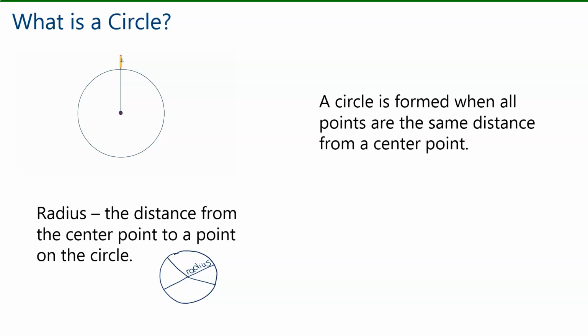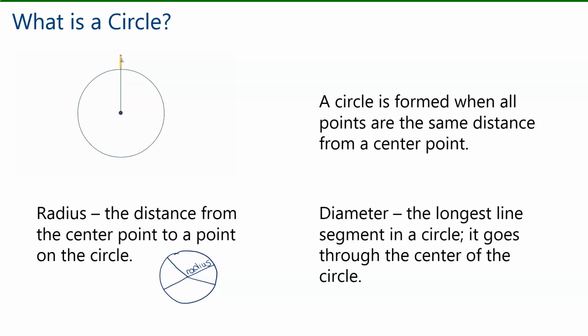Now another important term you're going to work with is the diameter. That's the longest line segment in a circle. The line is drawn from one point of the circle to another point of the circle, but it has to pass through the center. So let's have a look.